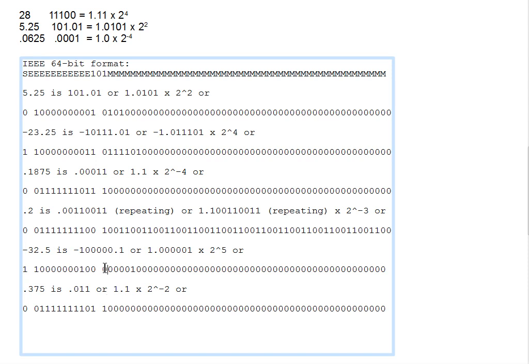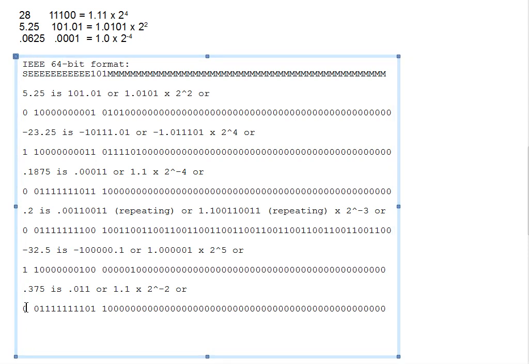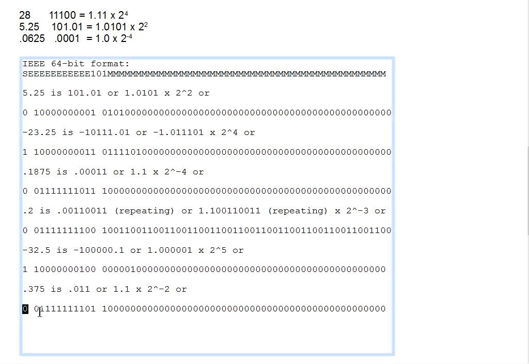And the mantissa, again dropping that 1 point, just the 5 zeros and 1 here. 0.375 is 0.011, it's 3/8, or 1.1 times 2 to the negative 2, or positive sign, 1021 as an exponent, and then just the 1 and all zeros after that for the mantissa.